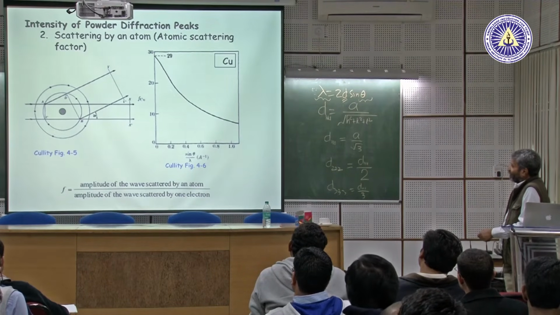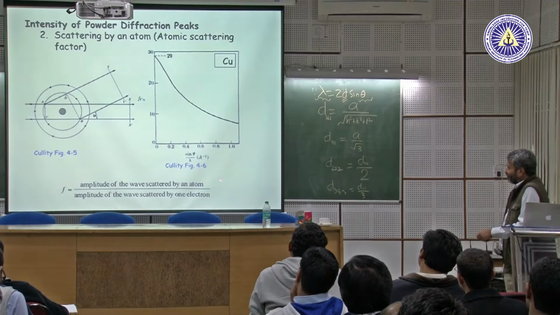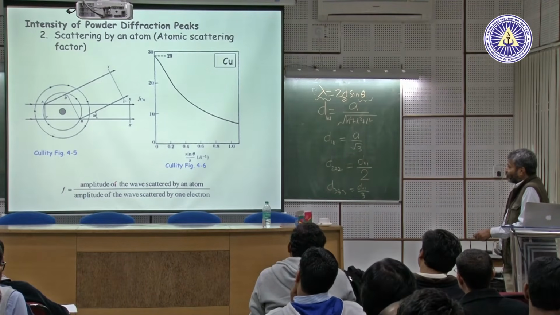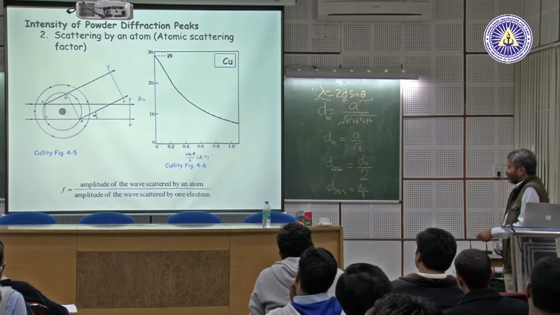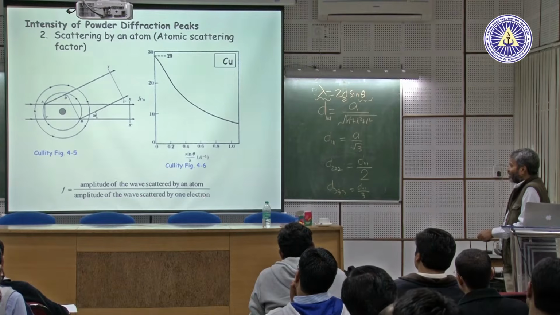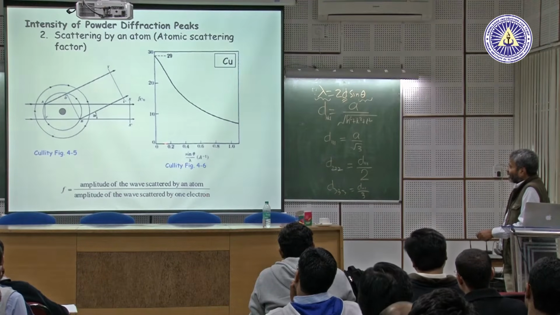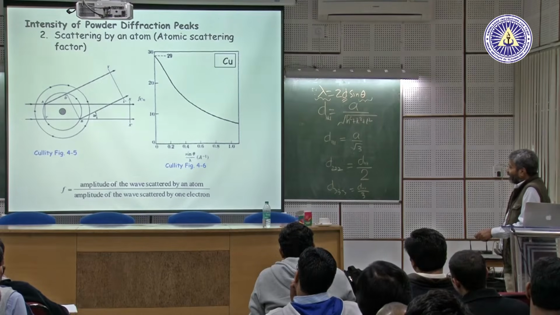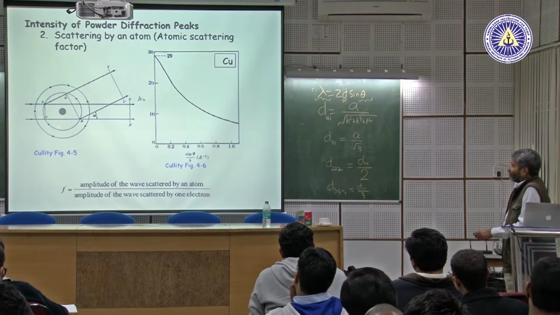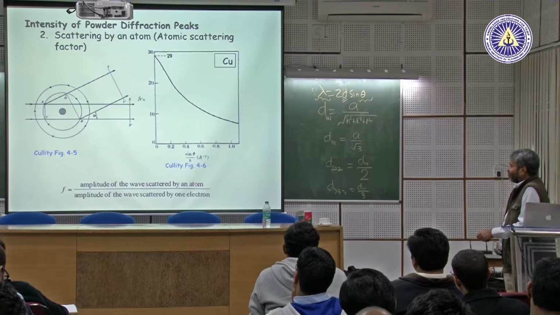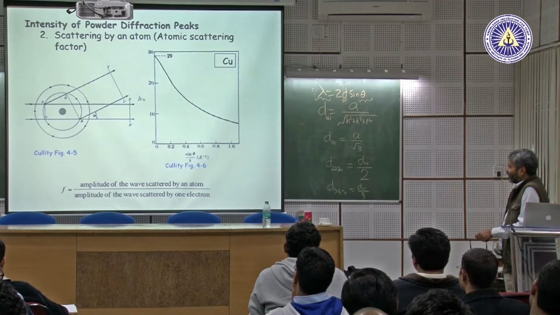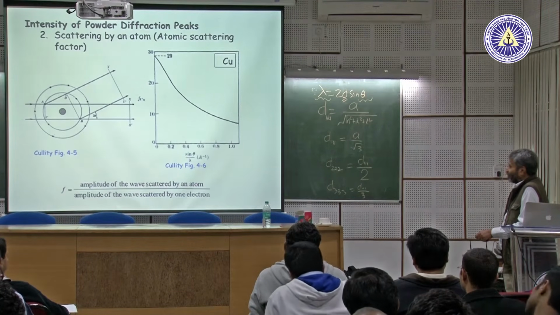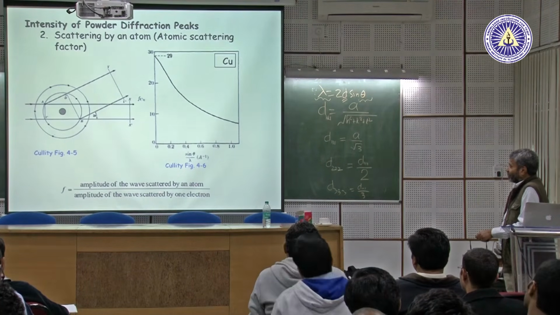The atomic scattering factor is defined as the amplitude of the wave scattered by an atom divided by the amplitude of the wave scattered by one electron. So at 0 it should be equal to the atomic number, because all the electrons are in phase. The amplitude of the wave scattered by an atom will be 29 times, because 29 electrons are in phase compared to 1 electron.